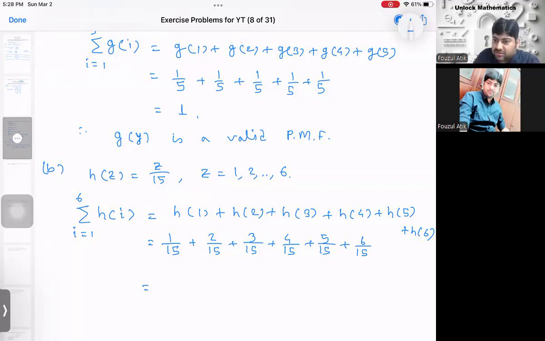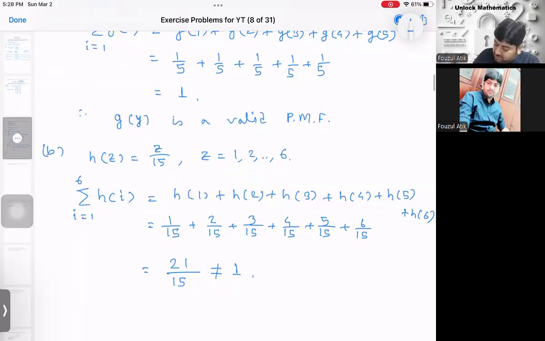Okay. So it is 21 divided by 15, which is not equal to 1. So the second condition of a probability mass function is not satisfied. Therefore, h(z) is not a valid probability mass function.